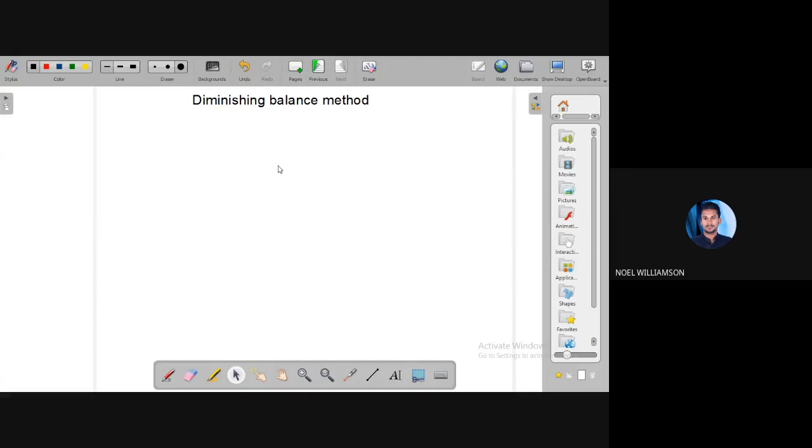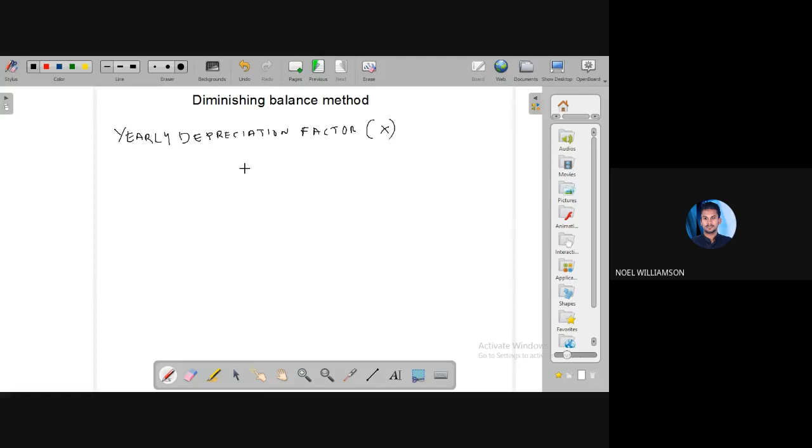So regarding that, we will use another method where a factor x is used, the yearly depreciation factor, denoted by x.